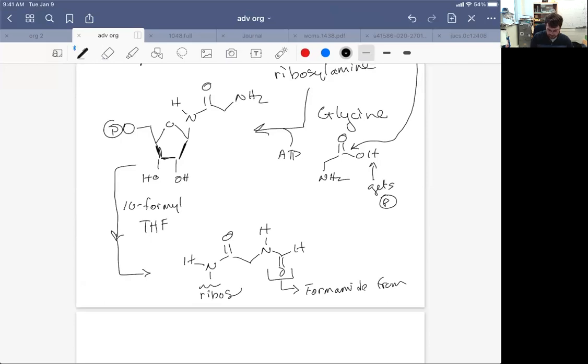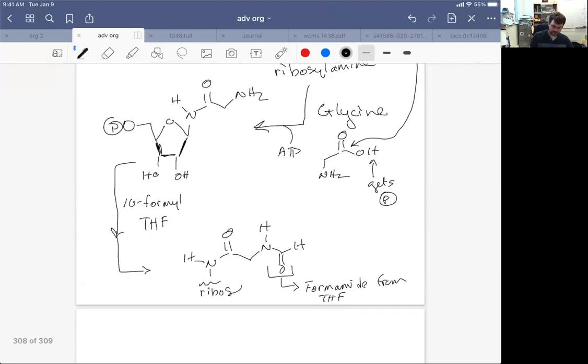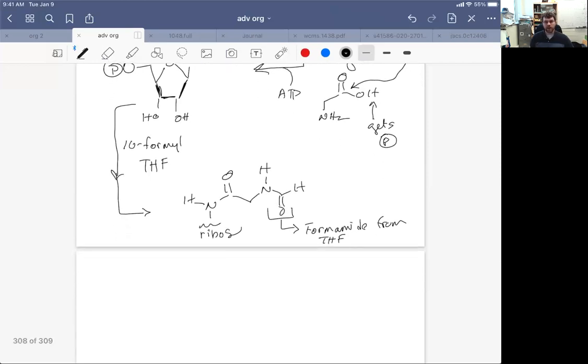So this is a formamide from THF. So that's an important step. It's going to happen twice, and we'll look at this in a lot of detail. Well, I mean, we'll just look at it in some detail now, and then we'll get to it.